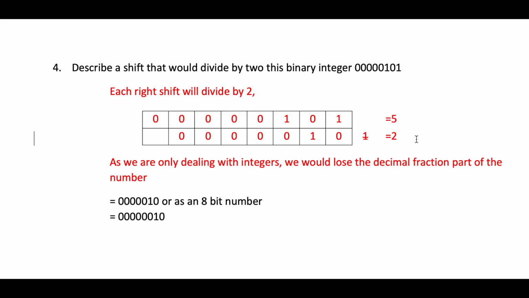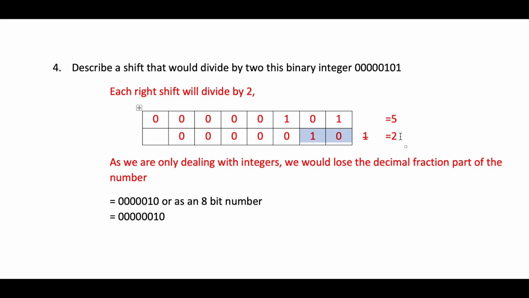So let's just look at the operation of this right shift. The original number in binary is 101, which has the denary equivalent of 5. But the number 5 shifted to the right once gives us the answer of 10 in binary, which is 2 in denary.